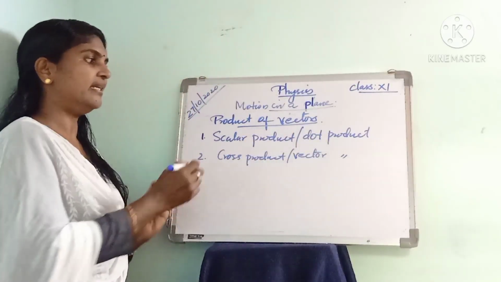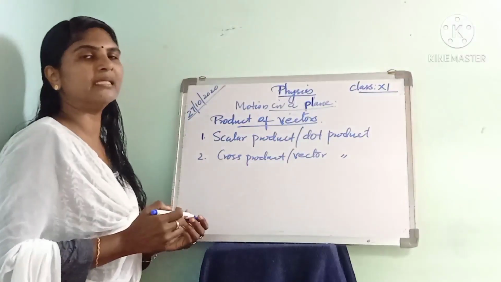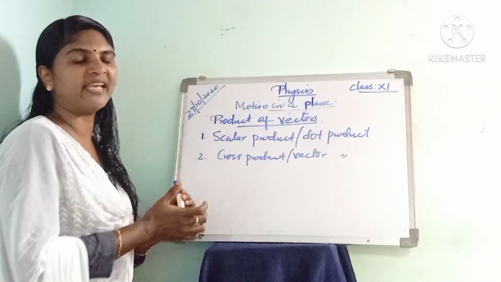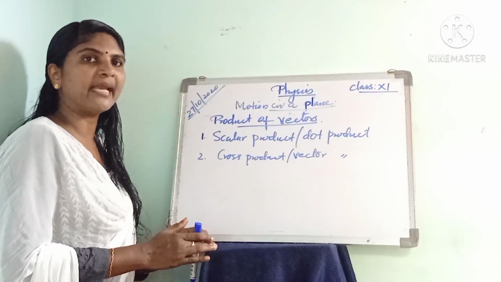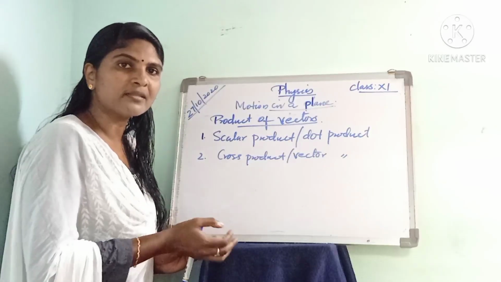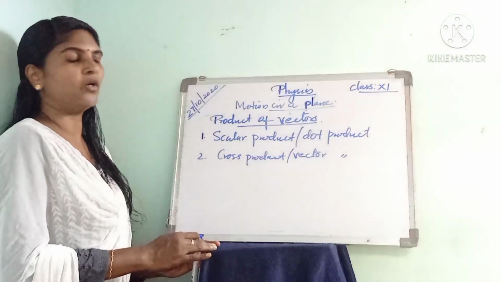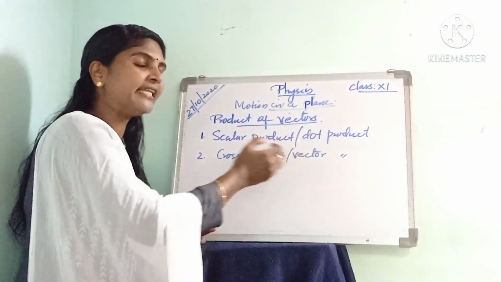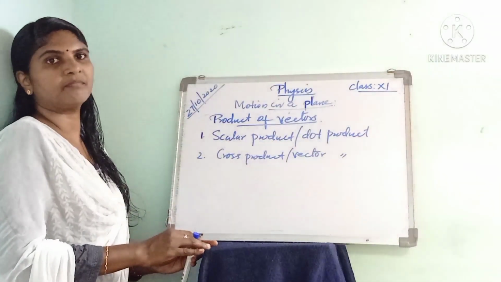By using these two methods we can multiply two vectors, either by taking the dot product or the cross product, or we can say either the scalar product or the vector product.